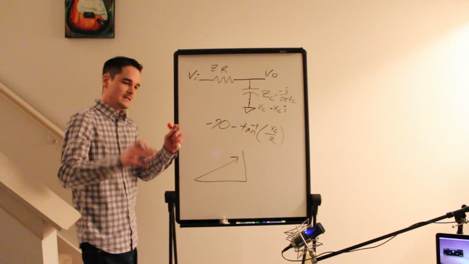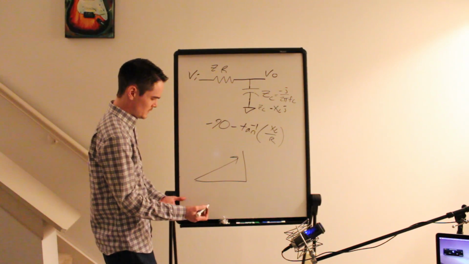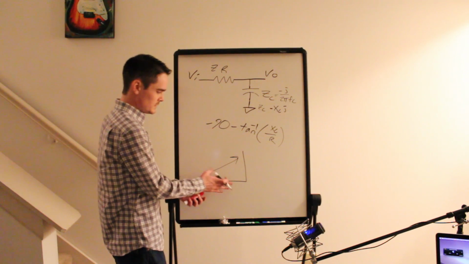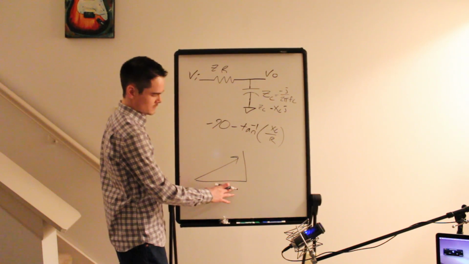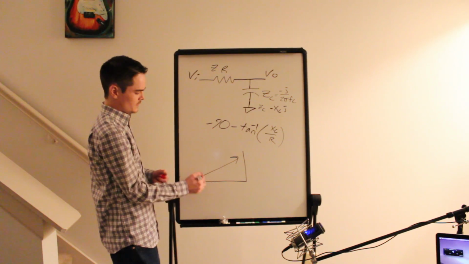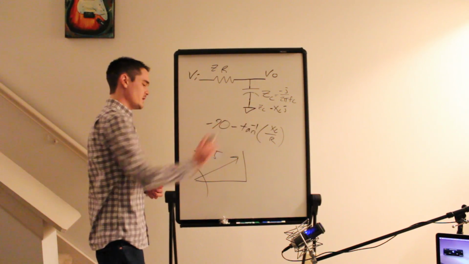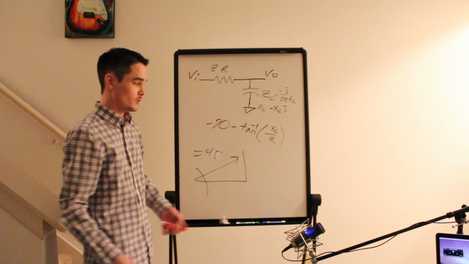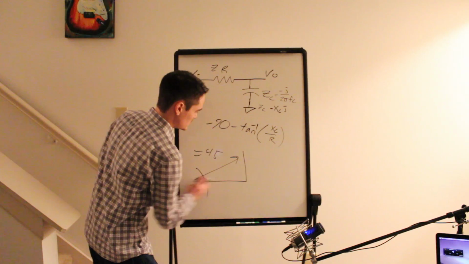But I said R is equal to Xc, right? So think about that. If R is equal to Xc, then this triangle has the same height and base lengths, right? So this angle is equal to 45 degrees. Negative 90 minus the 45 gives you a negative 45 degrees. So you know the phase shift at that point will be 45 degrees.